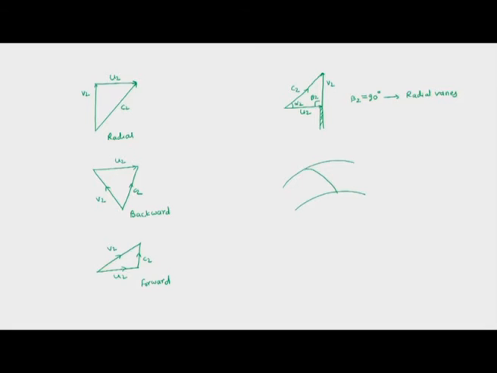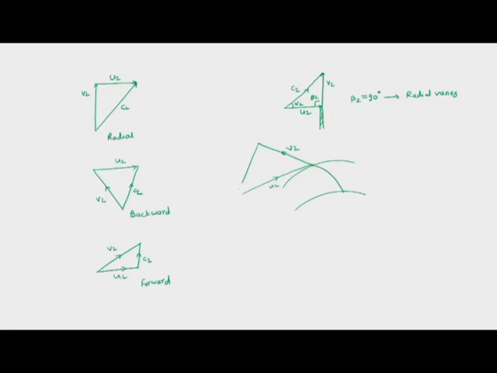So here we will have this as our V2, which is V2, and then this is the tangential velocity, which is U2.